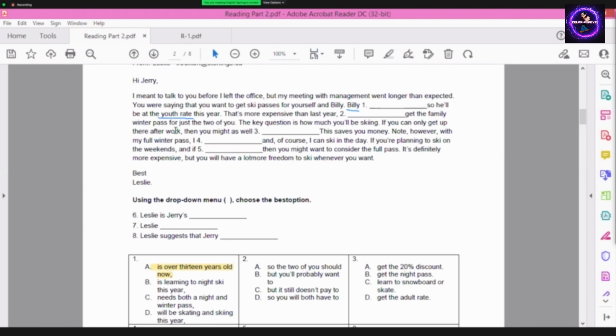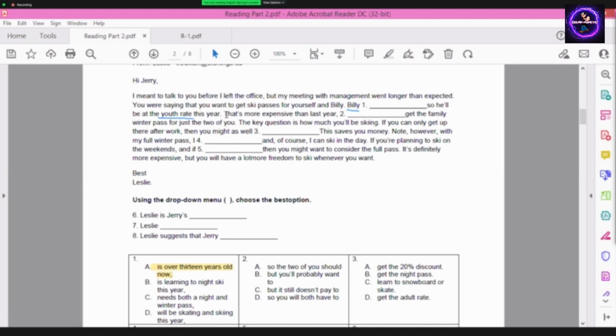That way you can eliminate them, and this also tells us where to look for the information. You can scan from top to bottom for the youth age. If you have studied the table beforehand, you know the age and the price are given in this chart, and you find the answer there itself.